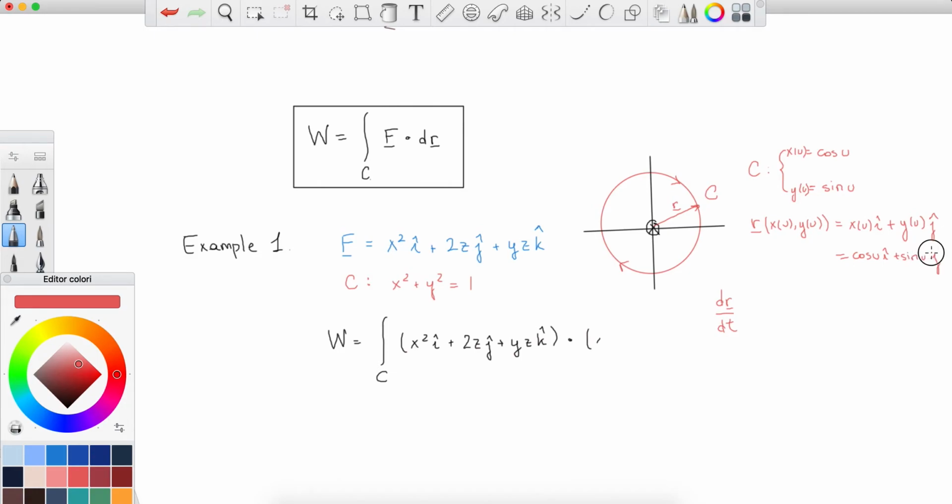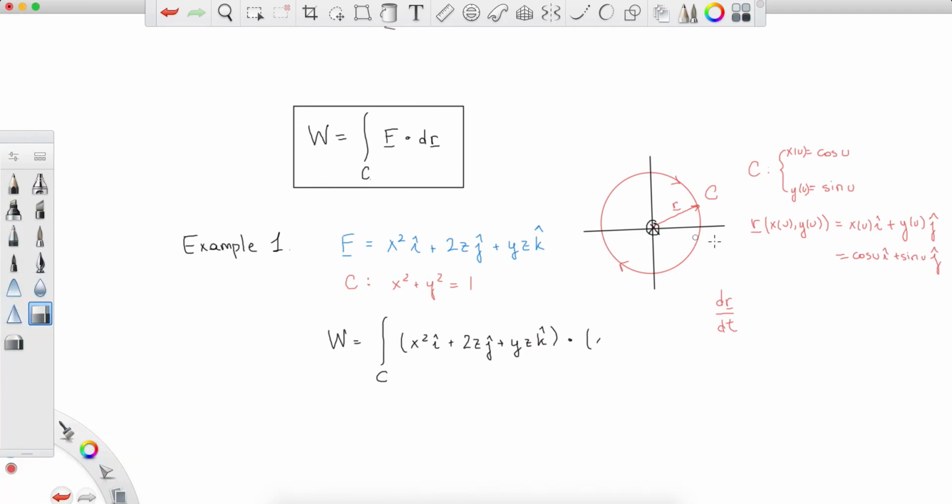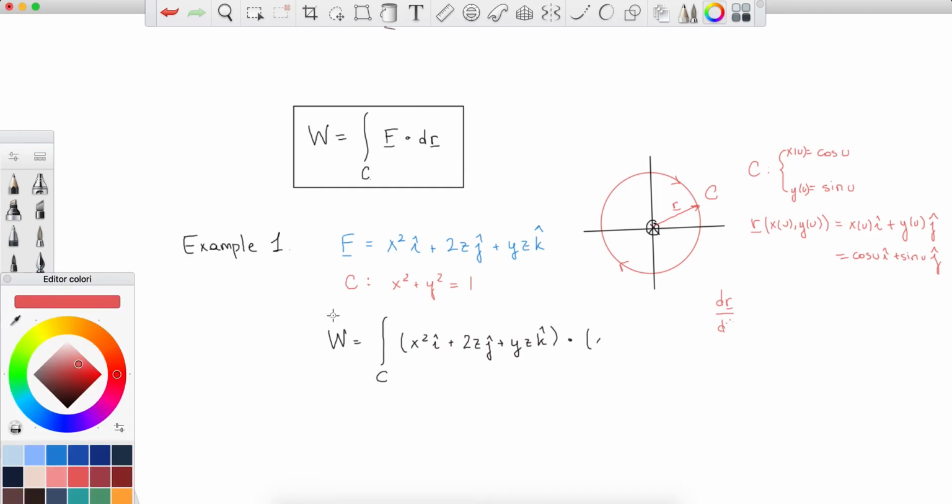So what is the derivative with respect to, well, not time at this point, because we didn't parameterize it with time, we parameterized it with respect to u, which is a variable that we assign. So what is this equal to then?